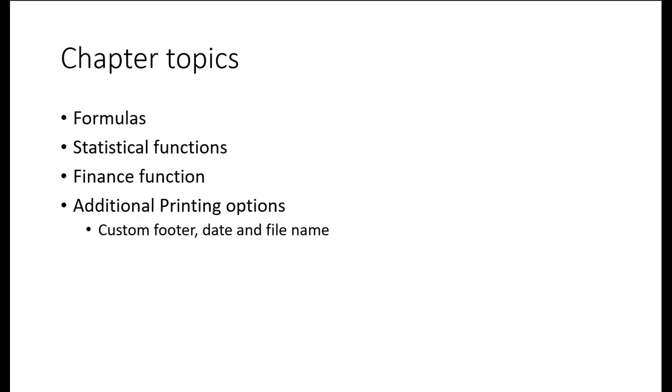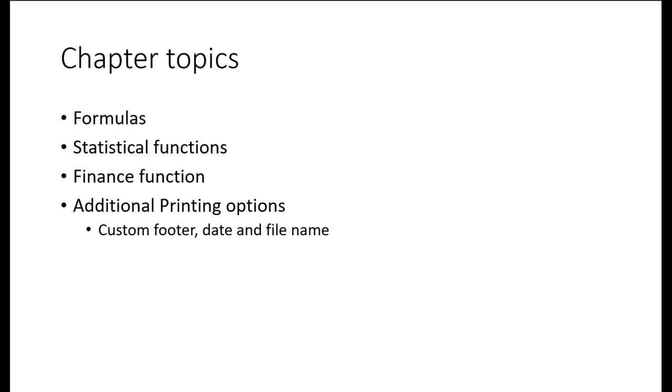Section 2.1 is about formulas. Section 2.2 is about statistical functions. You'll be using the average function, the min function, the max function, and the count function, in addition to the sum function that you've already utilized in chapter 1.